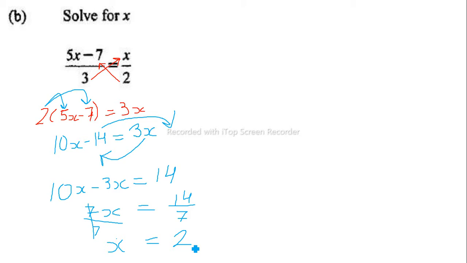Right? So that's how we do it. First, cross multiply to get rid of the denominators. Then you multiply it out and gather like terms. And you solve for x.